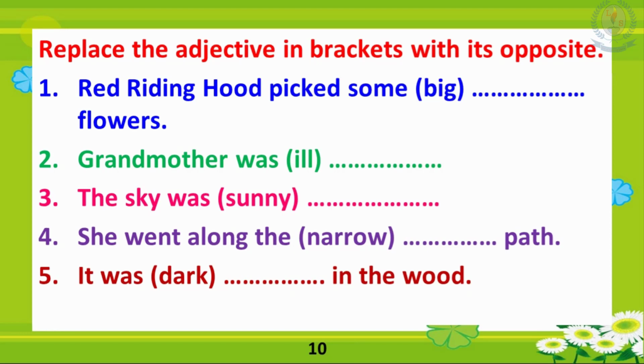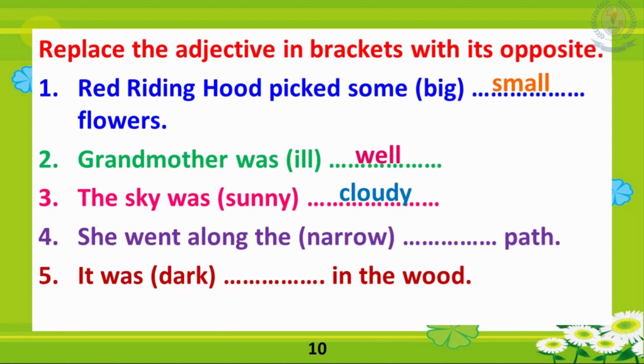Now tell me, what's the opposite of big? Yes, it's small. Red Riding Hood picked some small flowers. Then what's the opposite of ill? Yes, it's well. Grandmother was well. What's the opposite of sunny?